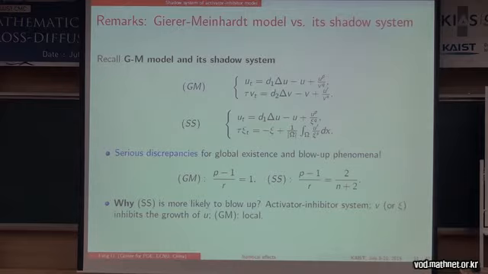When U is large, it activates V, so V becomes large, and then it can inhibit the further growth of U. However, for the non-local case, ξ is independent of the spatial variable. Therefore, no matter whether U is large or small, ξ plays the same role. So ξ cannot inhibit the growth of U efficiently. That's why it's easier for the non-local model to blow up.